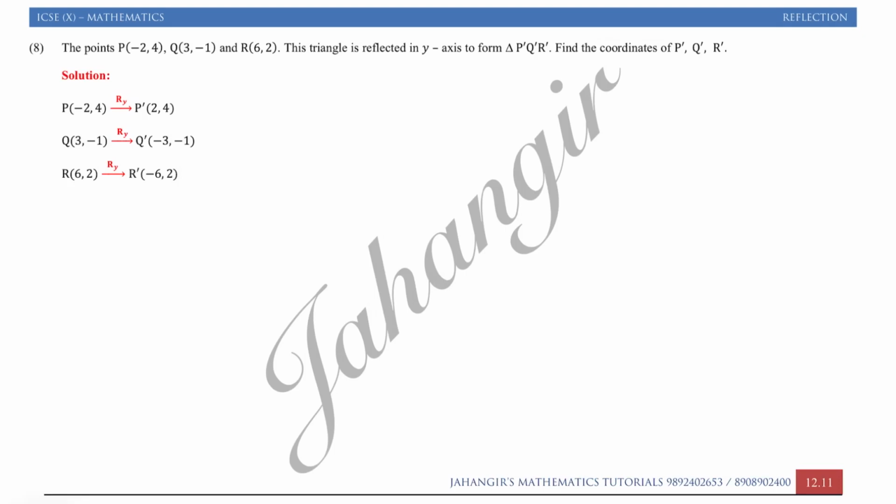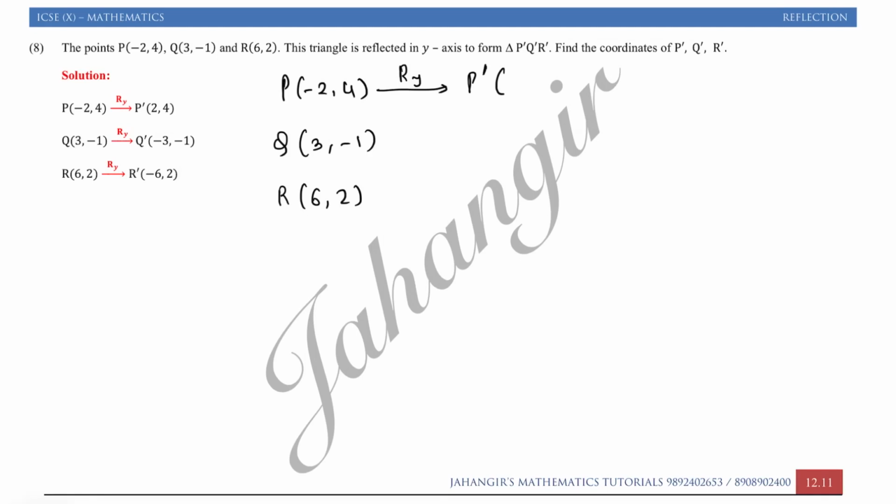The triangle PQR is reflected in the y-axis to form P dash, Q dash, R dash. It's a similar question. P I can write as (-2, 4), Q is (3, -1), R is (6, 2). Now this triangle is reflected in the y-axis to get P dash.